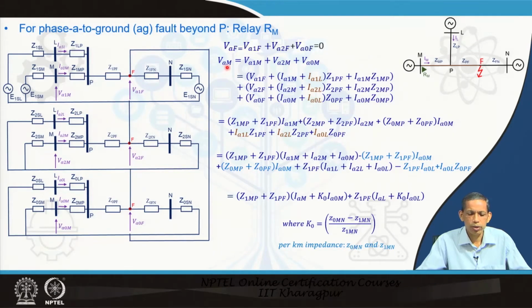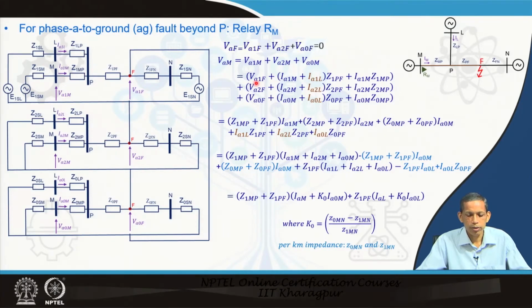So, now to evaluate VAM, it is VA1F plus this drop, which is VA1M. The corresponding VA1F plus (I1M plus I1L) Z1PF, two currents, this current plus this current, and from here to here it is only I1M Z1MP.